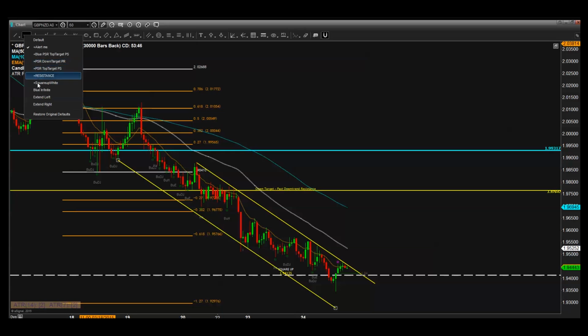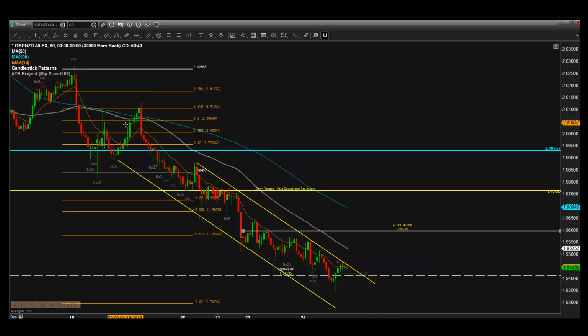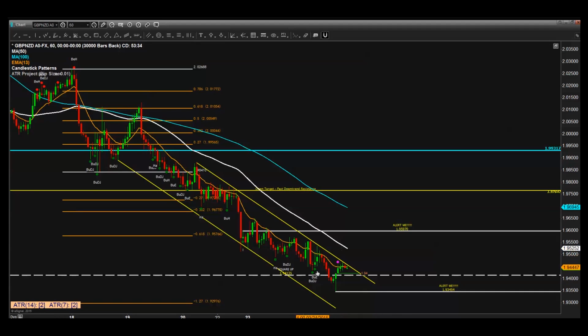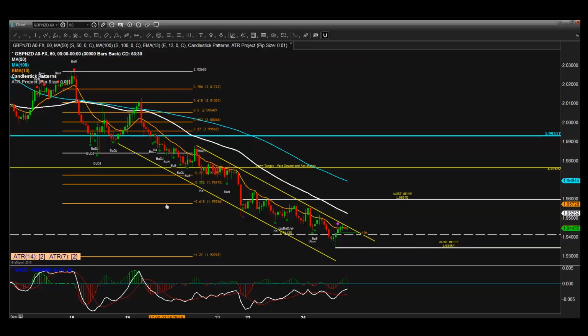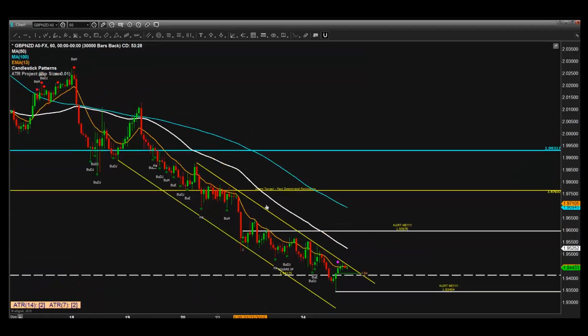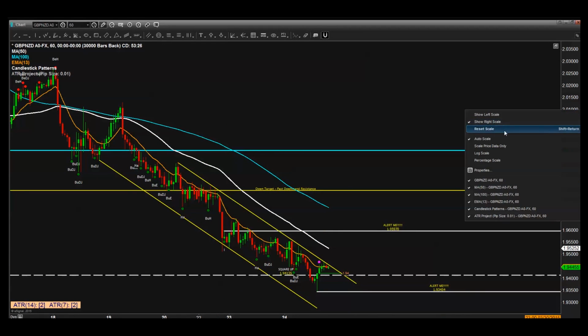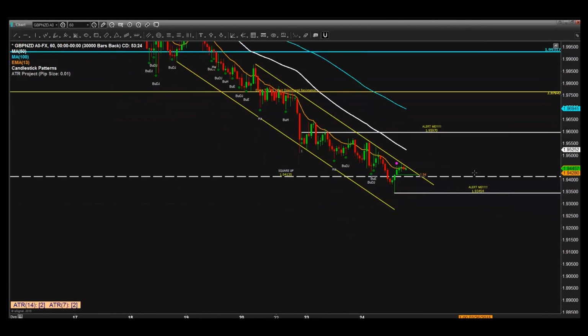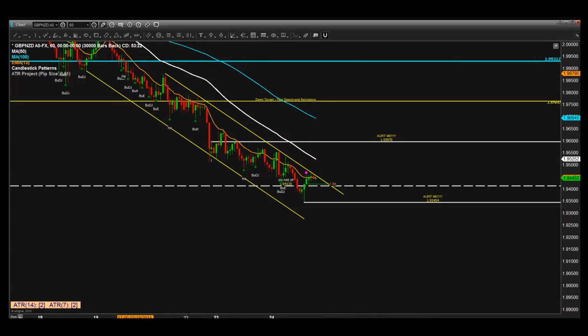Let me place a resistance here. What about there? There will be a resistance, and I'll place another alert in case they drop below here. I want to make sure I know it. Let me get rid of this set of fibs. I need a set of fibs from this high.